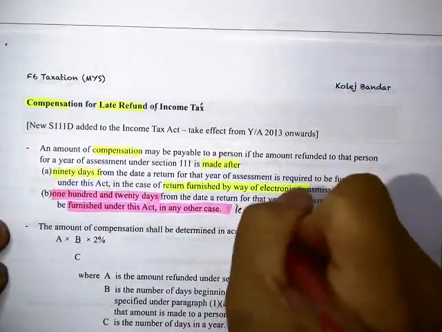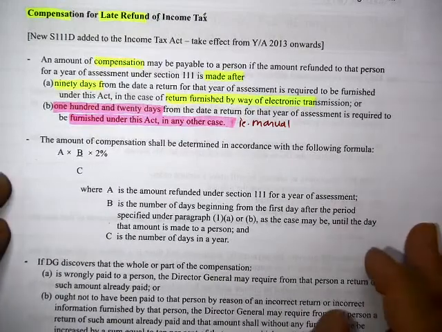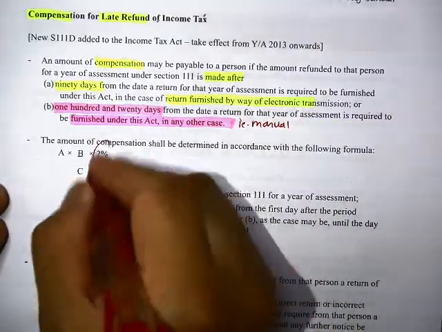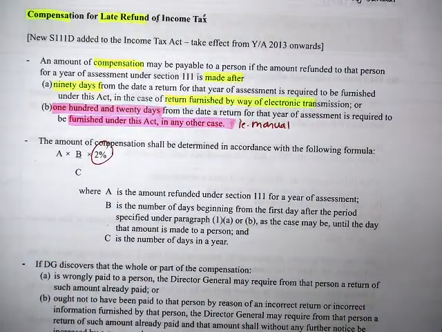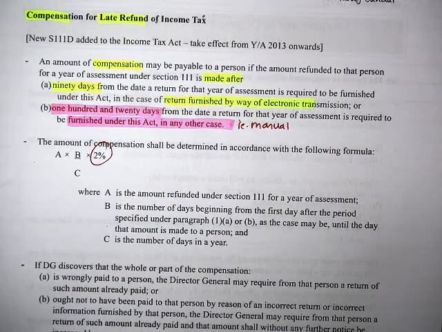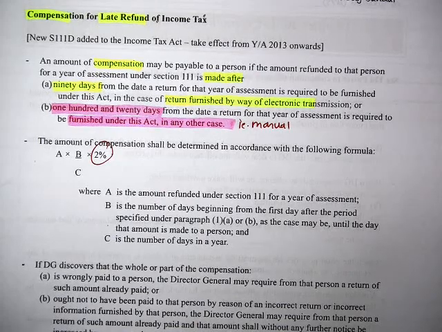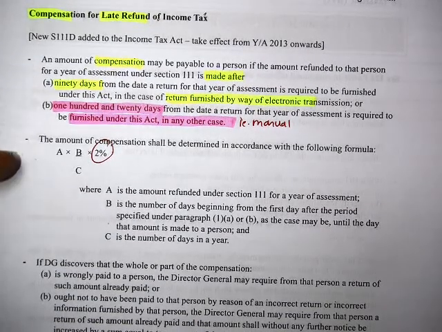Now the interest is calculated based on 2% per annum. So you must start calculating after the 90 or the 120 days.